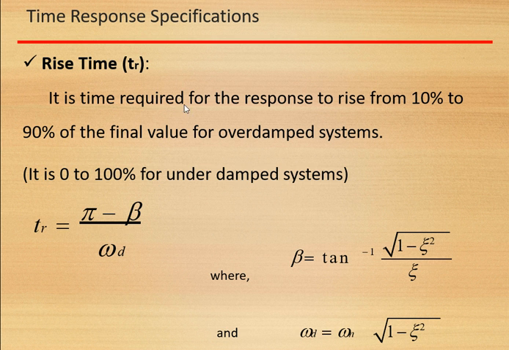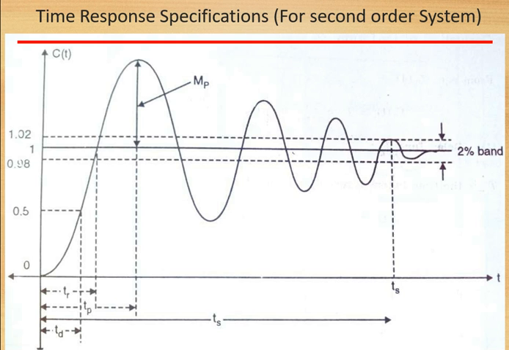See here carefully: 10% to 90% for an overdamped system, and from 0 to 100% for an underdamped system. So here in our case, TR will be from 0 to this 100%.